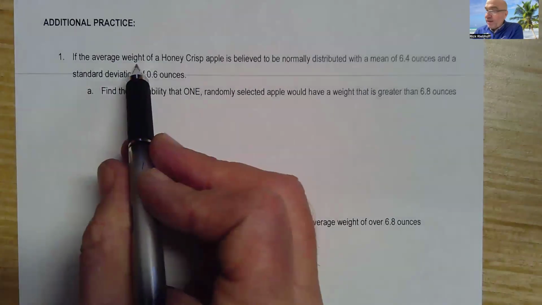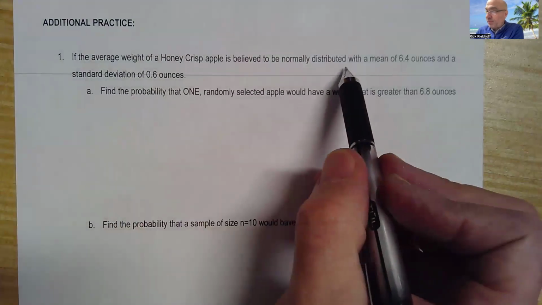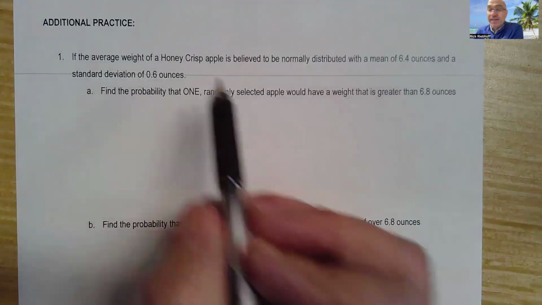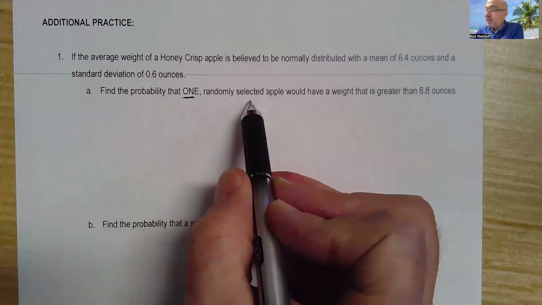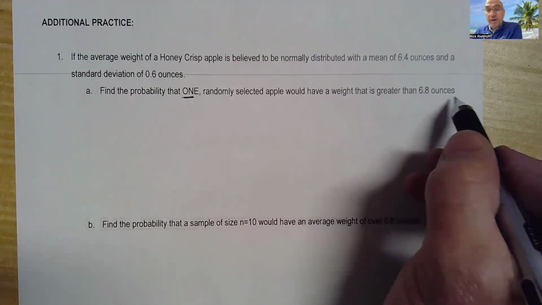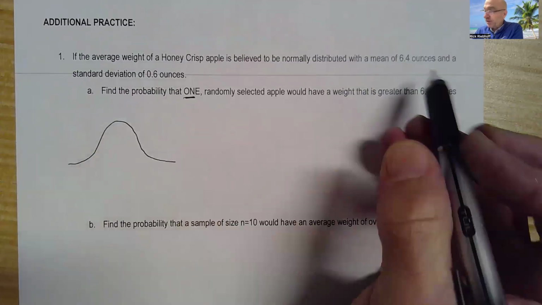If the average weight of a Honeycrisp apple is believed to be normally distributed with a mean of 6.4 ounces and a standard deviation of 0.6 ounces, find the probability that one randomly selected apple would have a weight that is greater than 6.8 ounces. So let's draw a picture, figure out what we're doing.